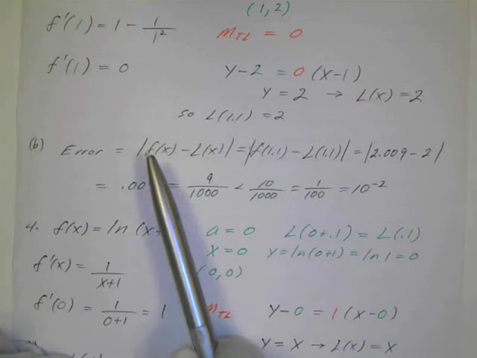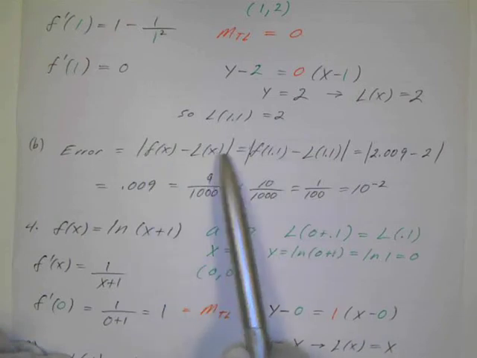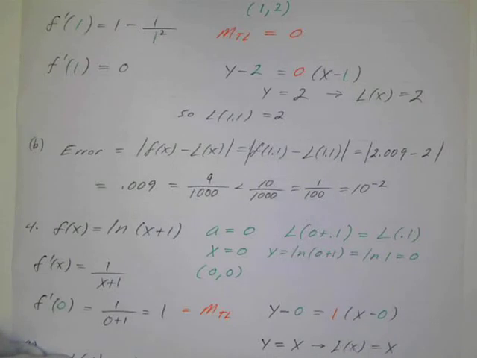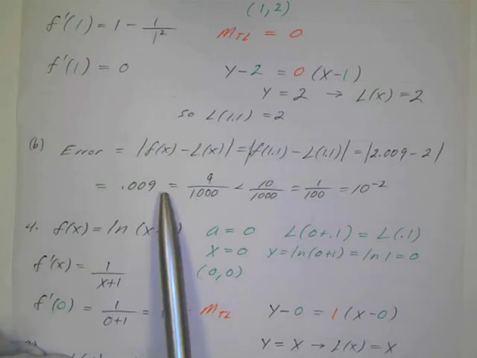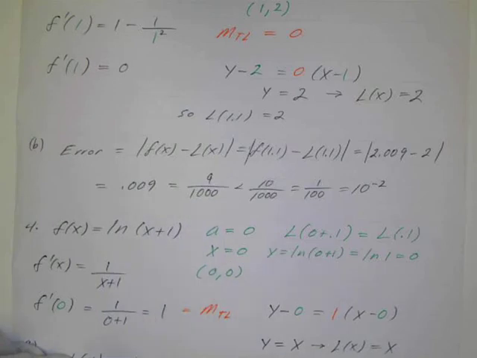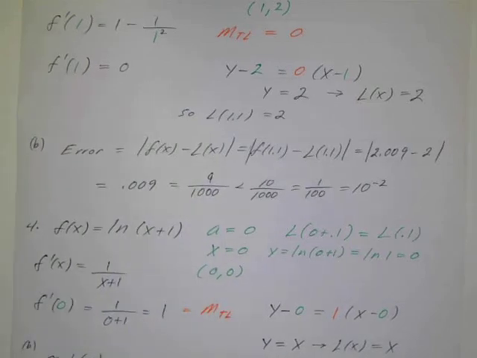So again, the error was the value of the function with the calculator minus the linearization. So I got 2.009 minus 2, which is 0.009. I wrote that as a fraction, 9 over a 1 followed by 3 zeros, or 9 thousandths. But 9 is less than 10, so that's less than 10 over 1,000, which is equal to 1 over 100. So my error was less than 10 to the negative 2, or less than 1 over 100.